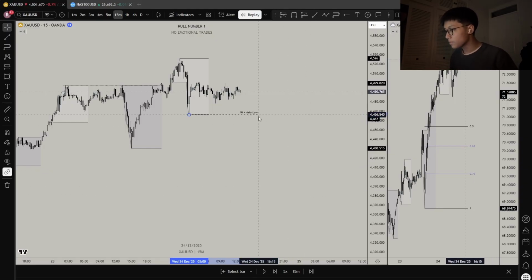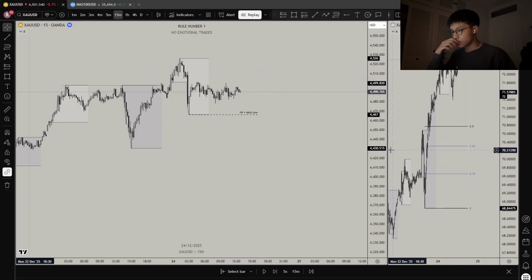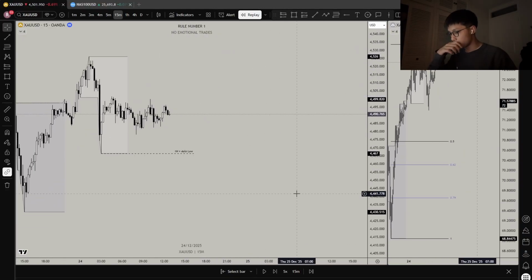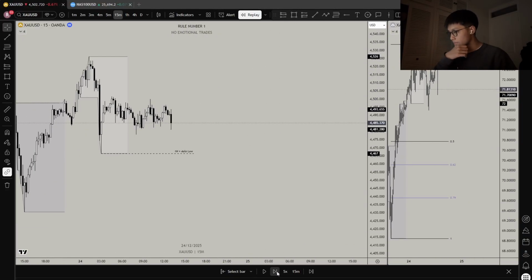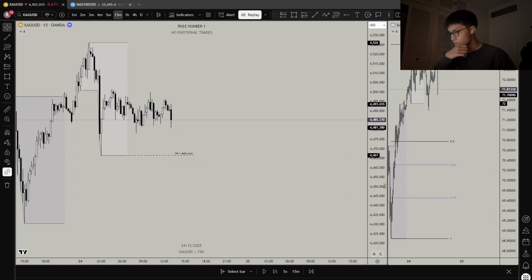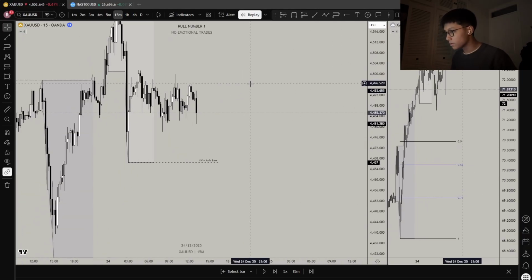Okay. Alright. So that's the higher time frame draw on liquidity and the bias there for you guys. And let's go into a few candles in New York session. Okay. So here we've managed to inverse this fair value gap over here.